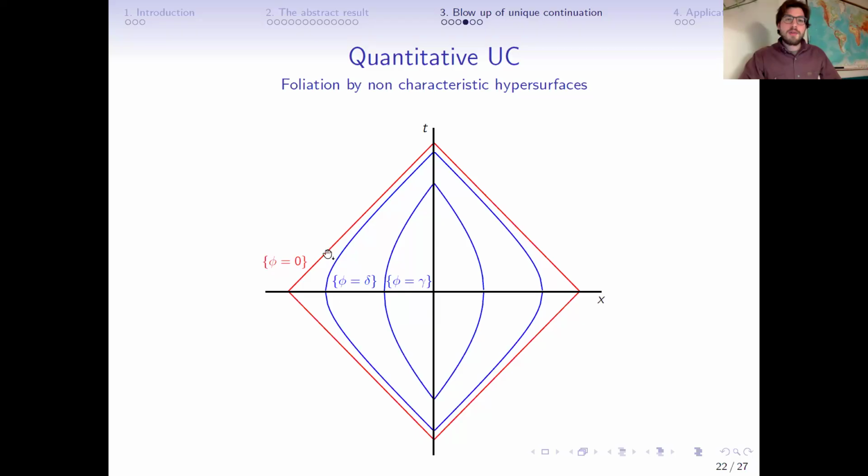And this is exactly where unique continuation blows up. So saying that you fix a time t strictly larger than the minimal time is exactly the same as saying I fix some delta, some positive distance from the maximal domain, and I prove my unique continuation here. So this is exactly the same. This is how one should think of the problem.